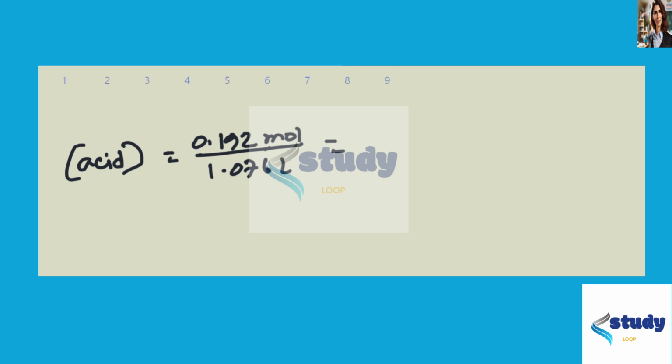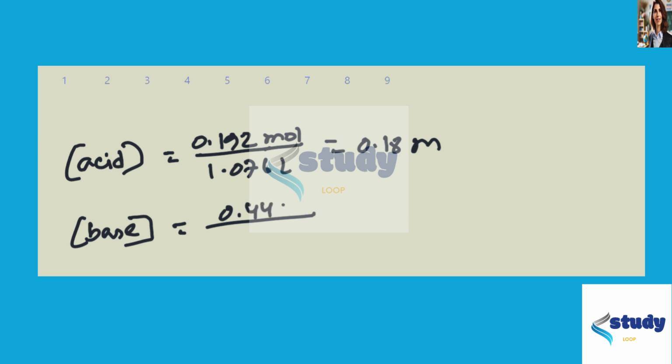It will give us the concentration of the benzoic acid, which is 0.18 molar. Our concentration of the base, sodium benzoate, will be equal to the number of moles of base we calculated, 0.44 mole, over that volume, 1.076 liter.